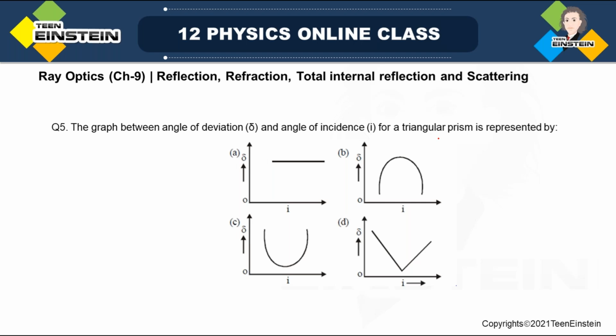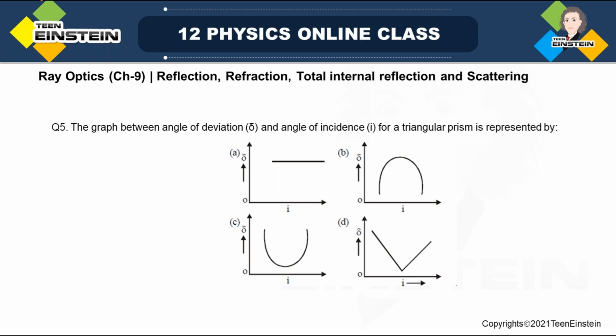There are four figures, and you have to find the correct variation of angle of deviation with angle of incidence for a prism.